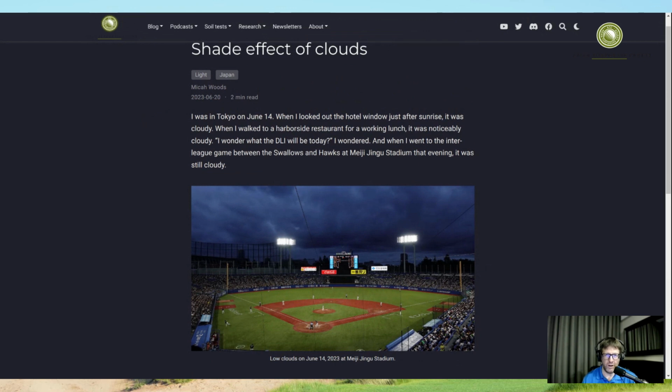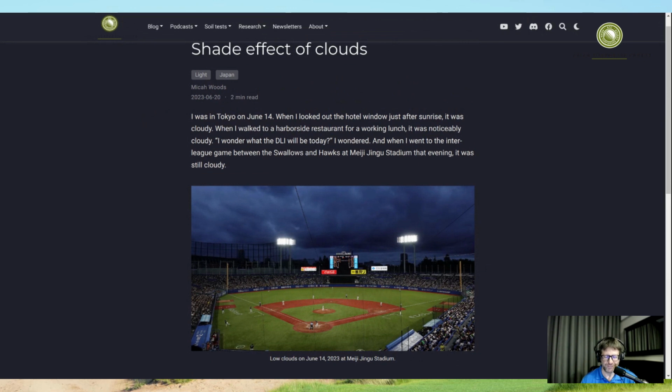I'm going to look up what that was compared to what it could have been, because I also realized this was on June 14th, and I knew that that's one of the longest days of the year. So if it would have been sunny, then on one of the longest days of the year, there would have been a lot of photosynthetically active radiation.